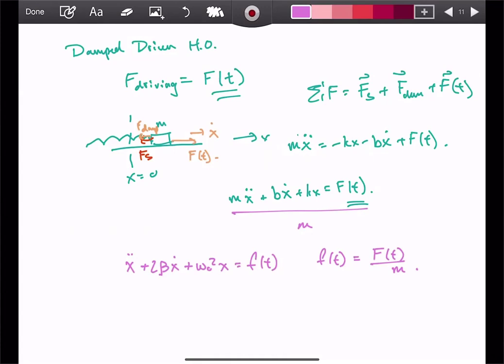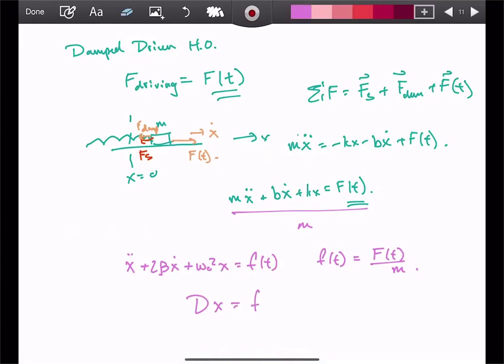So let's talk about this. First of all, what we have is some differential operator acting onto x, giving me my inhomogeneous part. So basically, I have some differential operator, which I'm going to call D, acting onto x, which then gives me my function f.